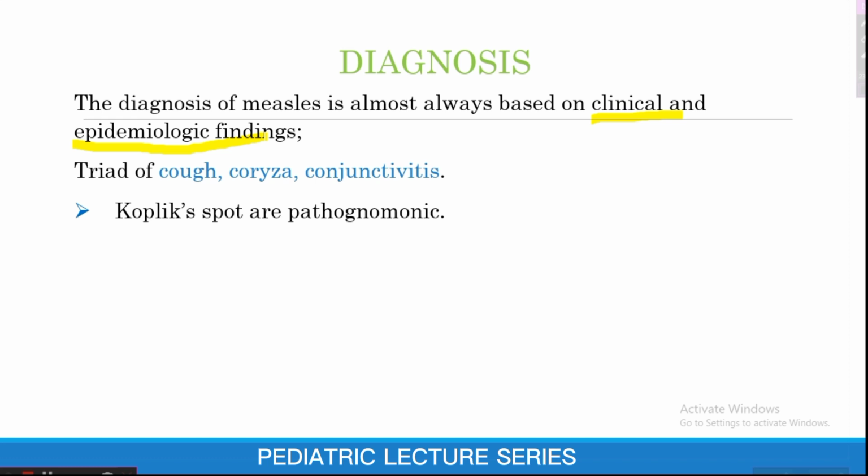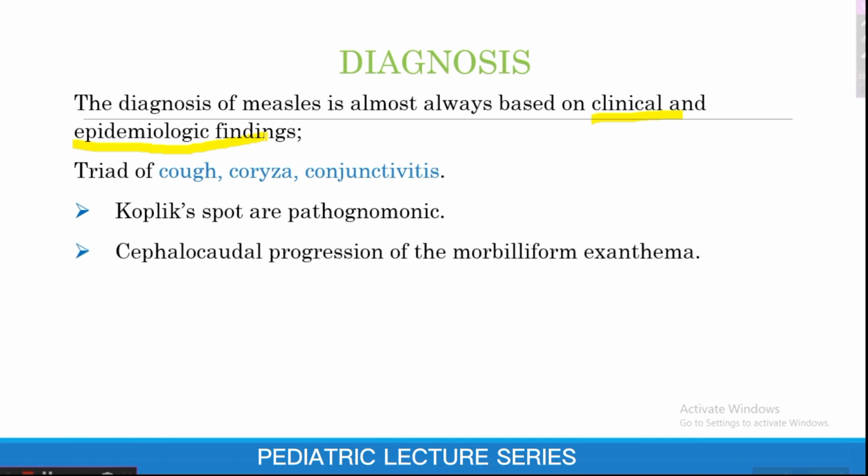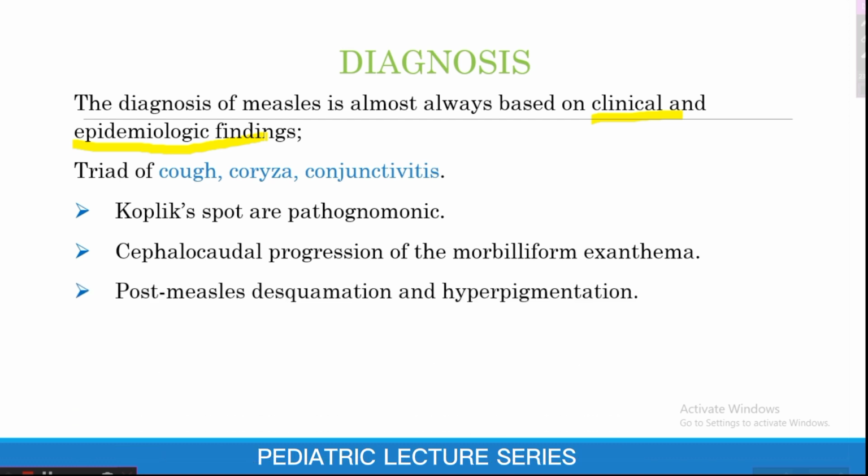Then you have Koplik spots, and then the cephalocaudal progression of morbilliform erythema. This is very important. That rash, the maculopapular rash, has this pattern of progression. Then the post-measles desquamation and hyperpigmentation. In this way, you're trying to find out whether this person actually had measles before.